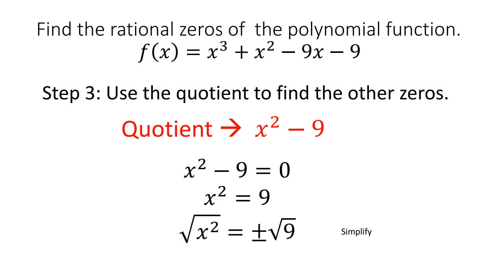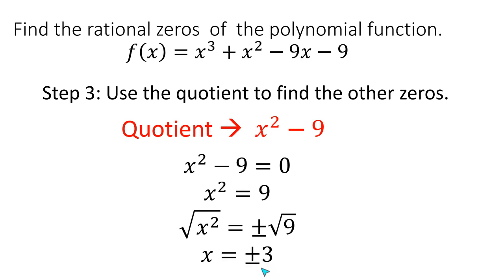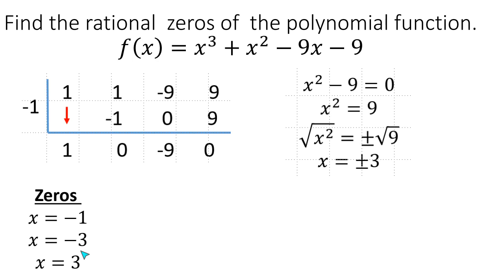Then I can take the square root, and it gives me x is equal to plus or minus 3. So these are two of my zeros, and our degree is 3. So since my degree is 3, I need to have 3 zeros. So my zeros are -3 and 3, which is what I got from here, and then -1, which is what we had from the synthetic division.